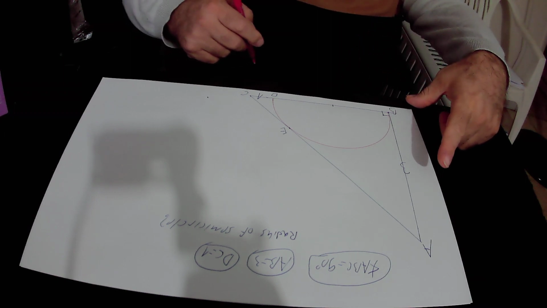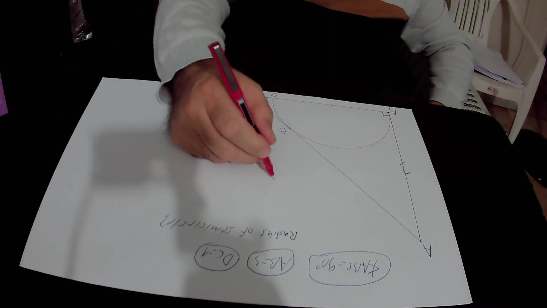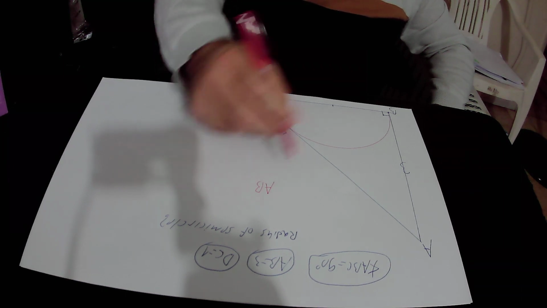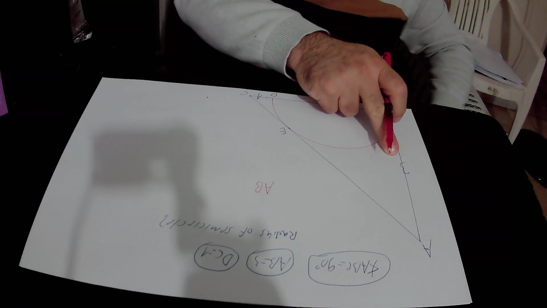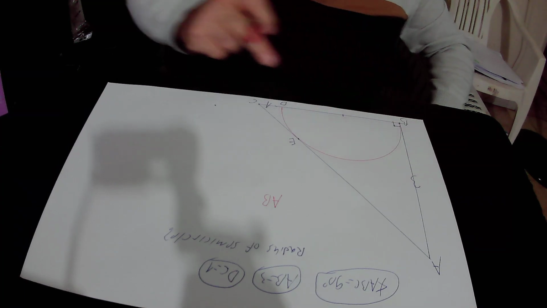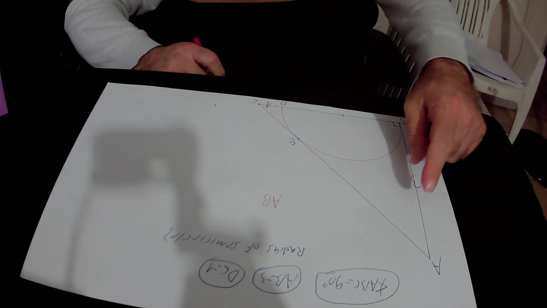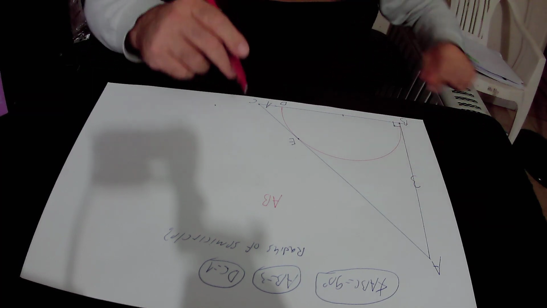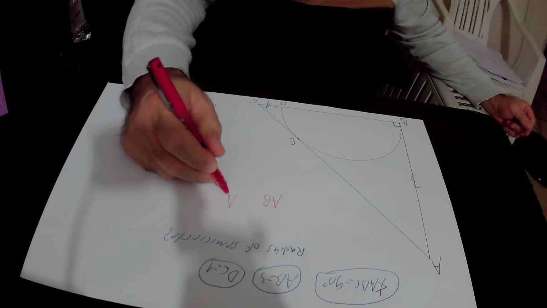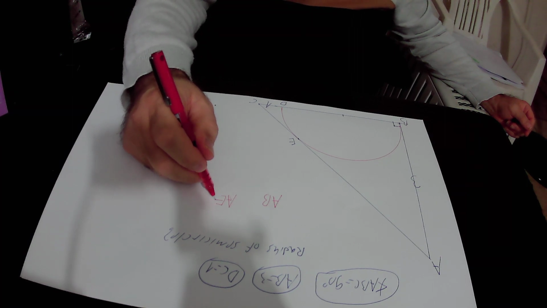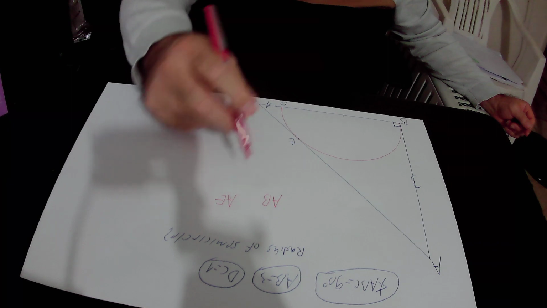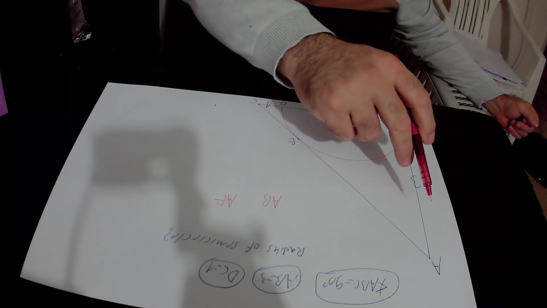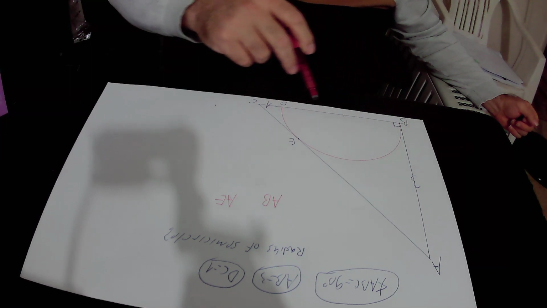The first tangent is AB, and the length of tangent AB is 3 units according to what is given in the question, and the second tangent from point A to the circle is tangent AE. So actually we have two tangents from the common external point, point A, to the circle.